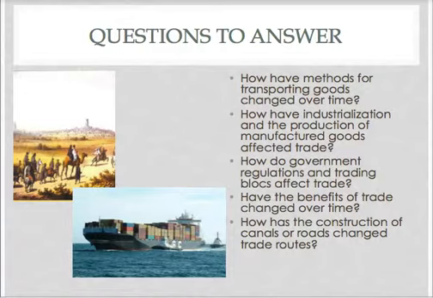Okay, how has that all affected trade? How do government regulations and trading blocks affect trade? Don't forget to go back into your last few lessons to refresh your memory on government regulations and trading blocks. How might they affect trade back then and now?